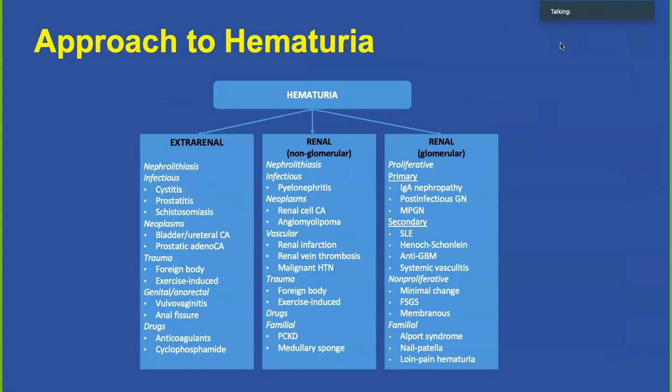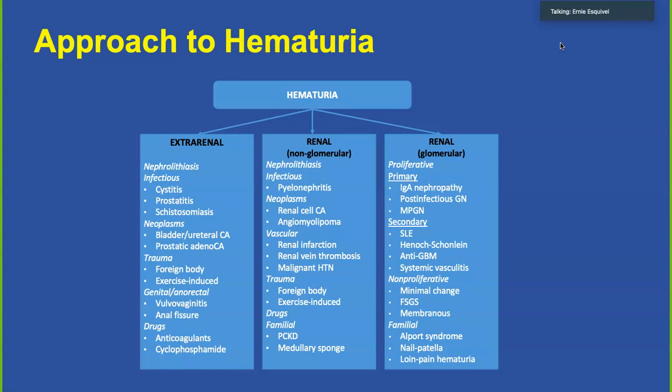There's a lot of overlap in the different subheadings in the causes of hematuria, so we're going to cover things that overlap together into different systems and tackle them at the same time, since oftentimes the questions are rather similar.